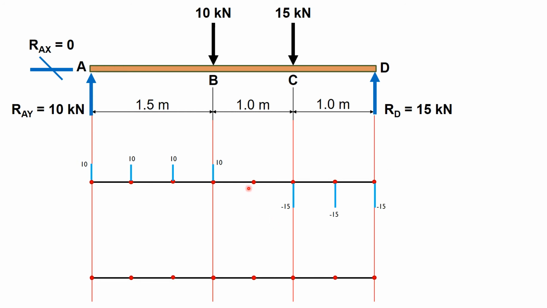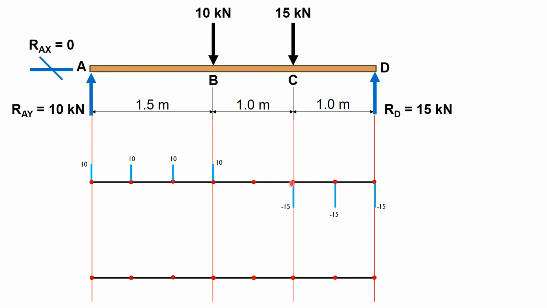So, for CD, so these are the shear values na na-solve natin. When x equals 2.5, for CD, we have negative 15. When x equals 3, for CD, we have negative 15 also. And when x equals 3.5, we have negative 15 kilonewtons also. So, the same with B, yung point C ay merong values ng shear to its left and to its right side.